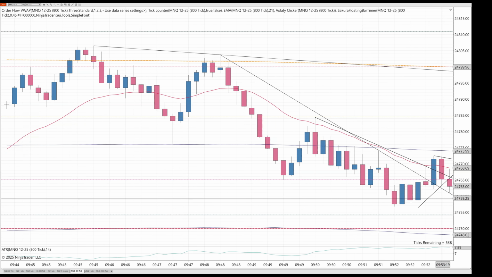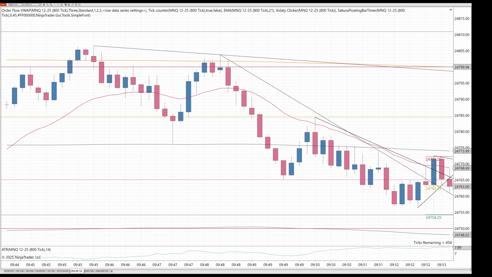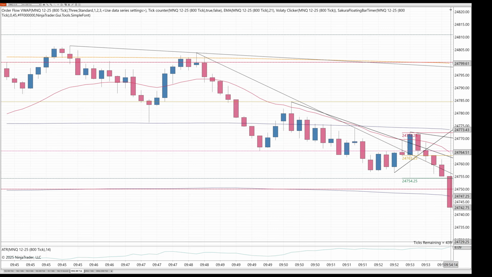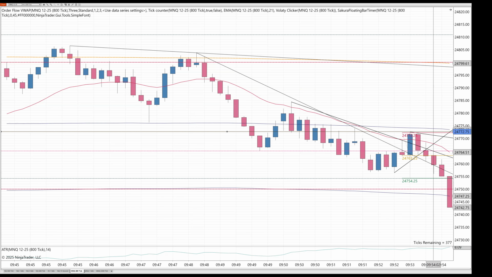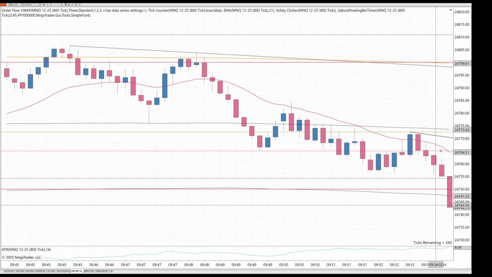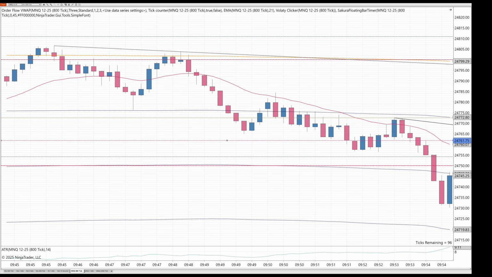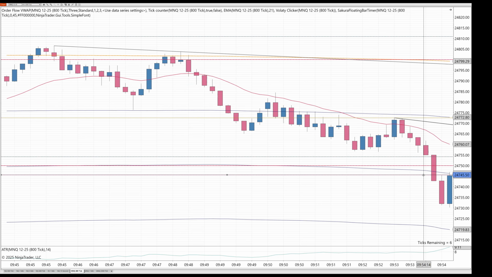So I'll go ahead and mark it, but this is not an actionable trade, even though it worked. All right, let's keep track of the runner. Let's delete some of these lines. Runner got taken out right here.